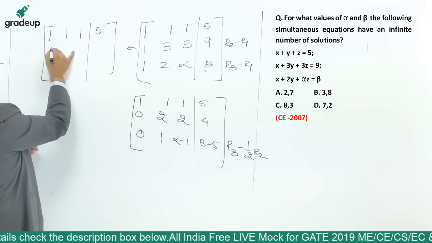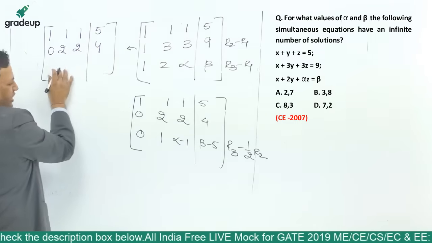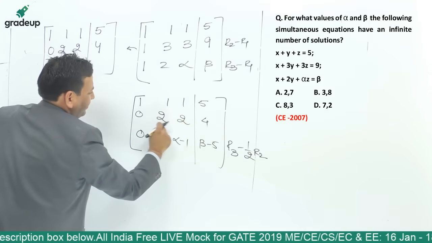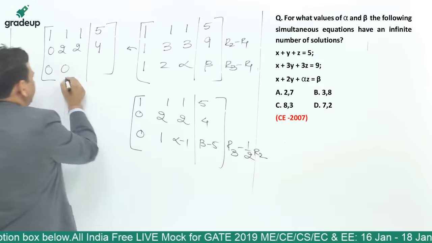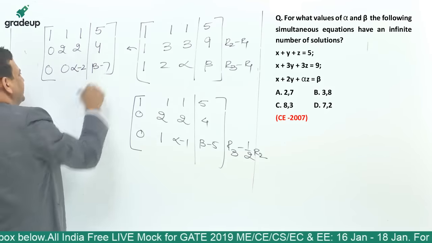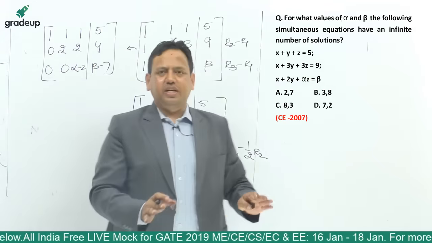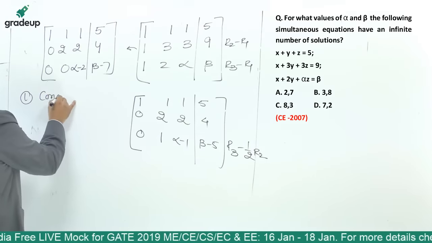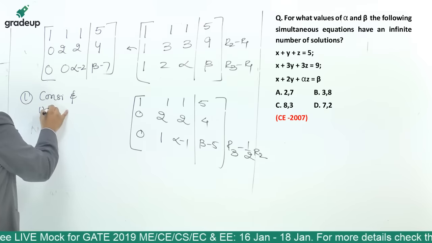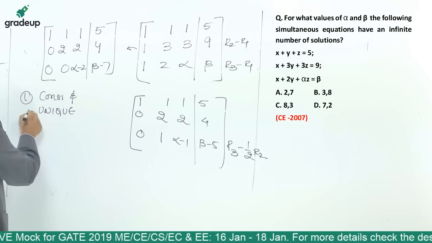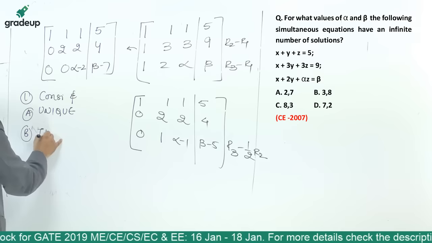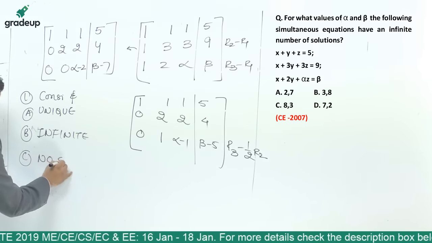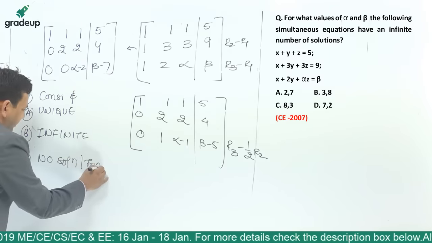What we get is 1, 1, 1, 5, then 0, 2, 2, 4, then 0, 0, and half of this gives alpha minus 2 and beta minus 7. I am not reading the question; I am talking about these three cases: first, consistent and unique, part A; then B, infinitely many; and C, no solution, which is an inconsistency.